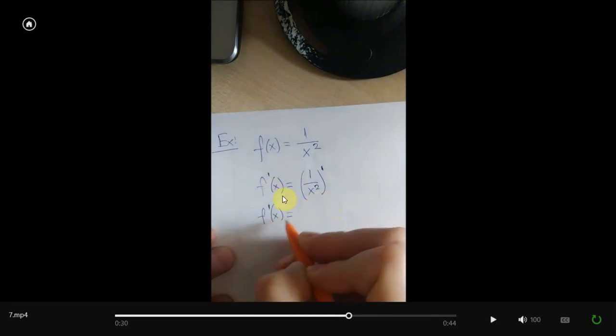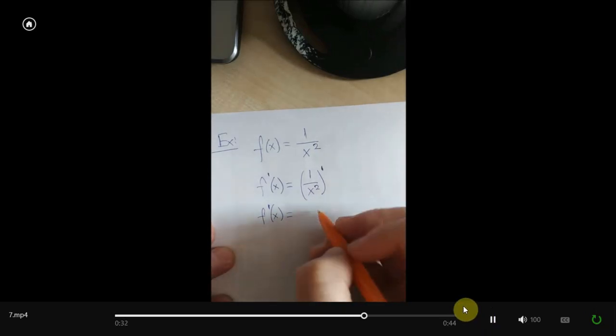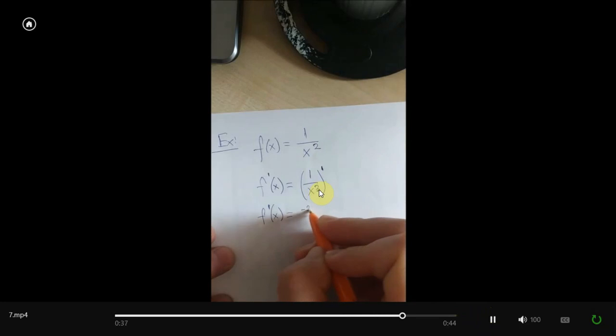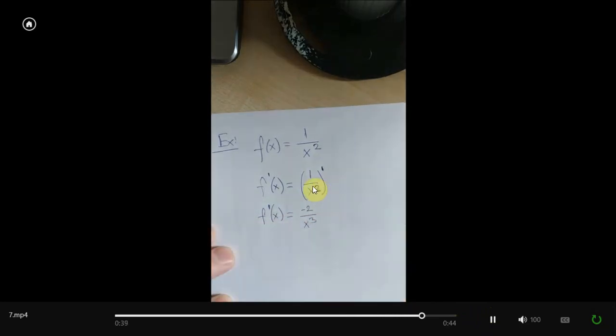In the previous exercise we solved a similar exercise, 1 over x to the power of 1, but here the power is 2. So how can we write this answer in short? Let's watch. You write the negative of the power in the numerator.